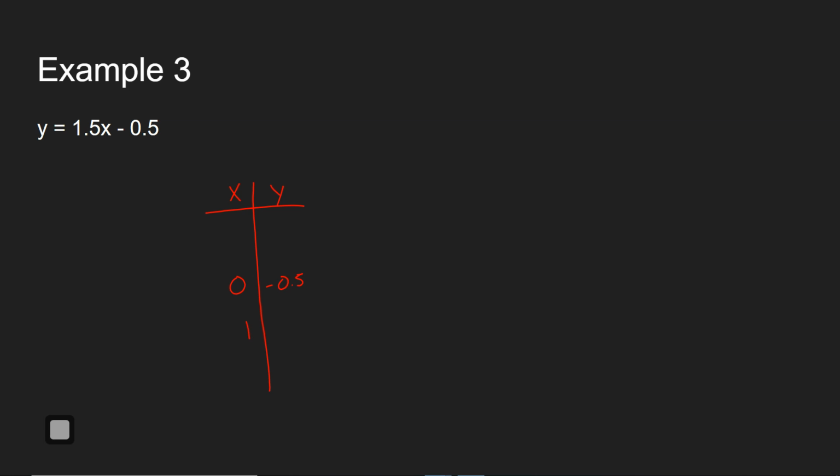If I put in 1 for x, I have 1.5 minus 0.5, which leaves me with 1. If I put in 2, 1.5 times 2 is 3, minus 0.5, it's 2.5.